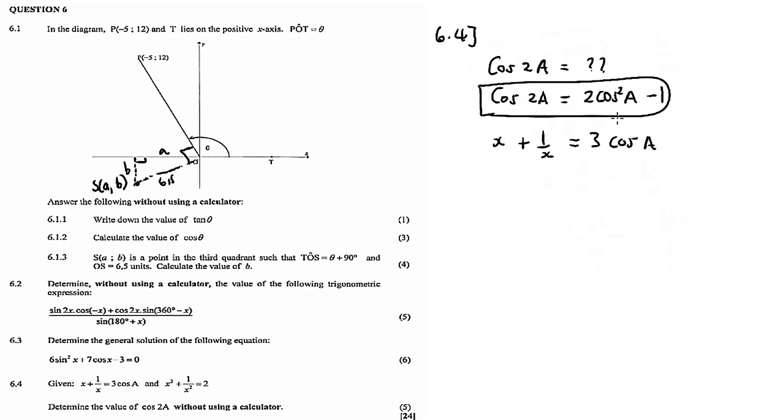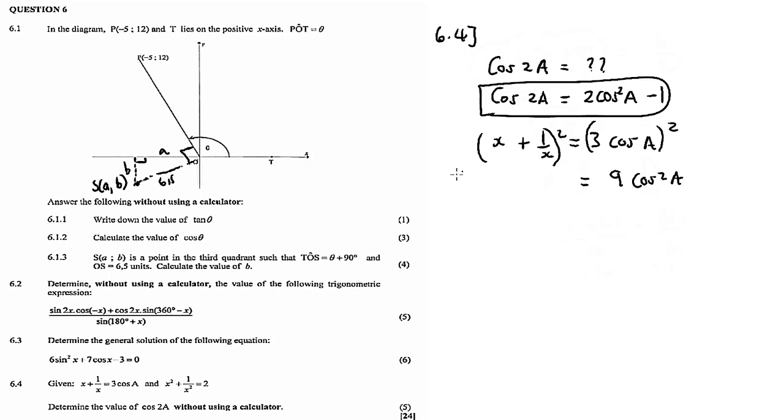I square this equation on both sides because of my double angle identity with cos squared. I believe squaring will be useful somewhere in the future, right? So this becomes 9 cos squared a. 3 squared is 9, and cos a squared is cos squared a.